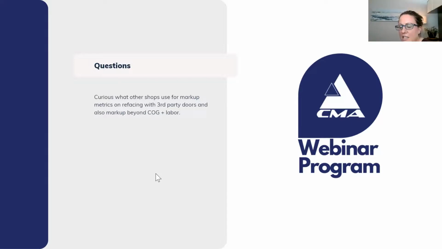Your job costing presentation did a good job talking about that in a little more detail, I think, though. Yeah, it gives you a chance to look at that. So again, third-party doors, you mark up beyond cost of goods and labor. I would try to understand your costs for your business and come up with the proper markup, or margin is a better word to use, to make sure that you're making money.